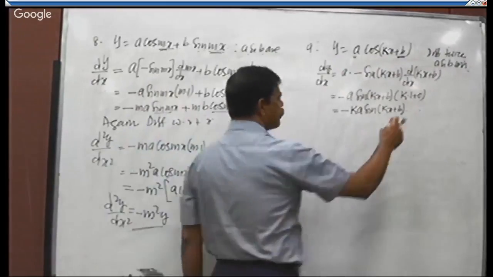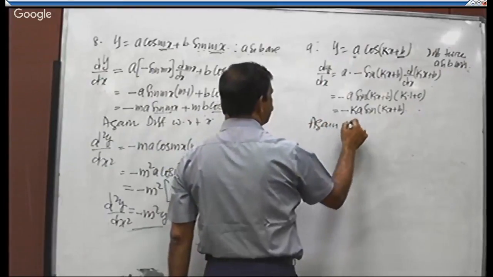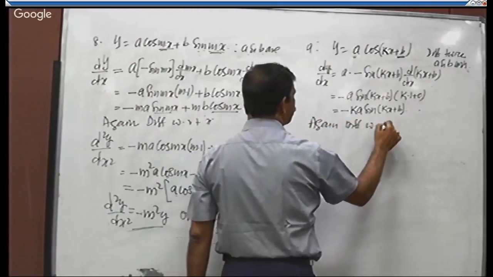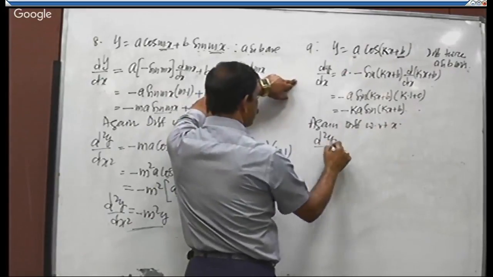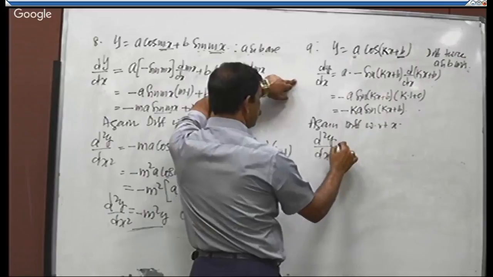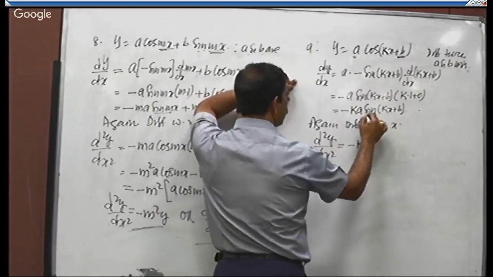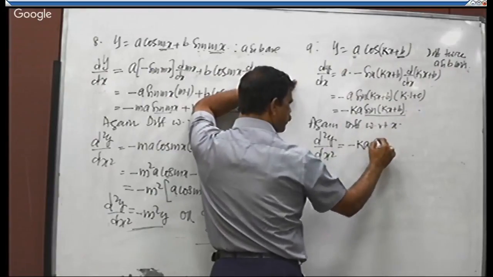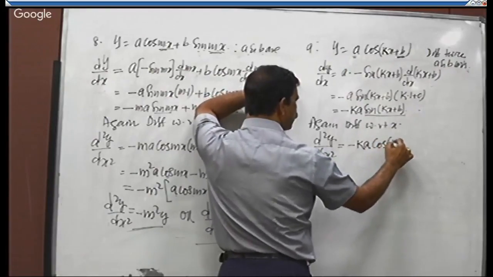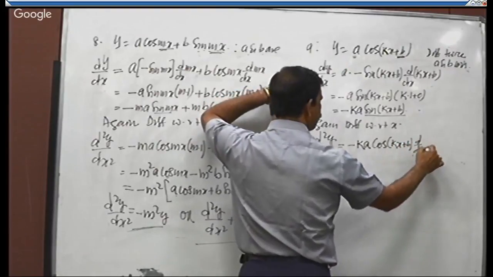We have to differentiate twice, therefore again differentiate it with respect to x. We get d square y by dx square that is equal to minus k into a, differentiation of sine function. For sine x it is cos x. For sine function it is cos function into d by dx of the function.